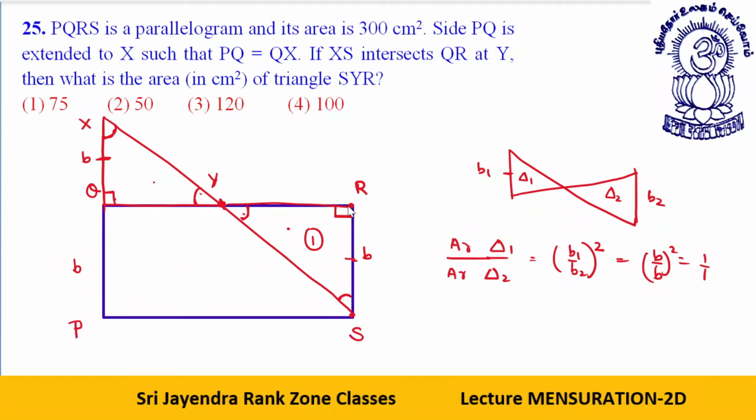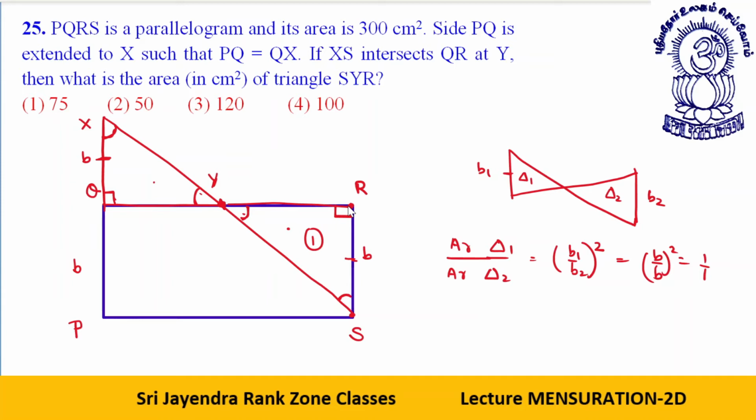Now when this Y is the midpoint of QR, what will happen, dear students? Full area was 300, this area will be 150, this area will be 150. This is the diagonal. Diagonal will do what? This area will be 75, this area will be 75. This is your answer.